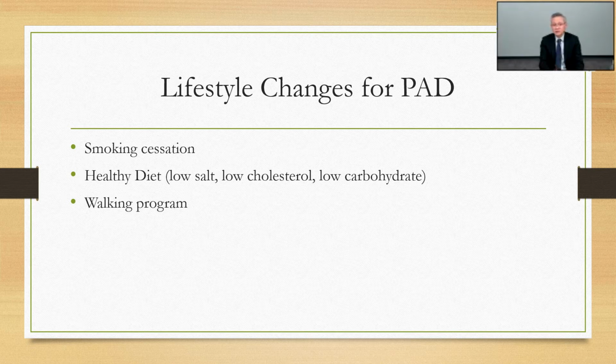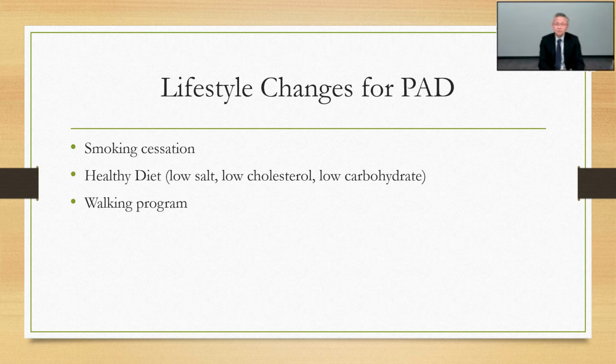This is not an easy task, probably one of the most difficult things to do for most people. So you have counseling that can help you. You have nicotine replacement therapy that can help you. And we have other medication that can make the process easier for you.